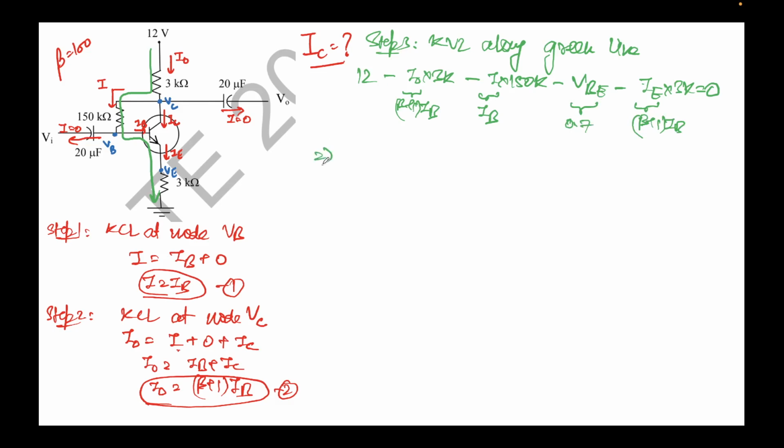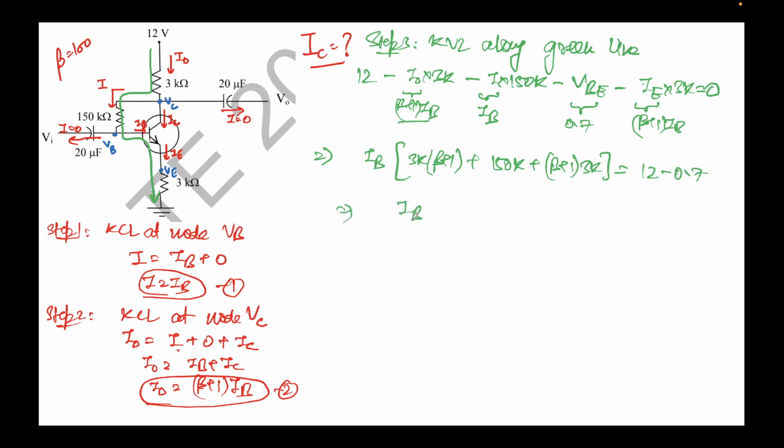So now let's collect all the IB terms on one side. It will be IB times the first term, 3k times (beta plus 1), plus 150k, the second term, plus again (beta plus 1) times 3k, and this equals 12 minus 0.7.